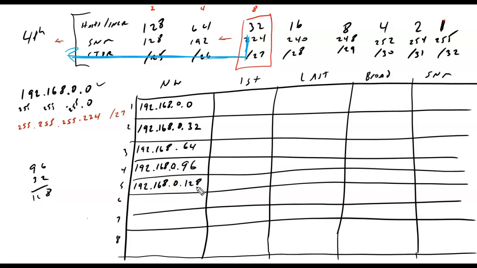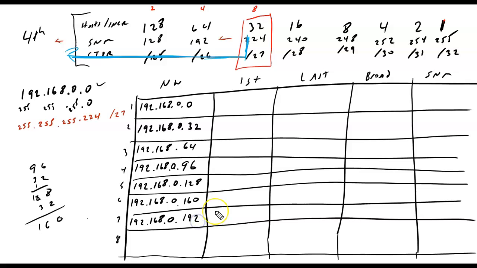The next one then would be 192.168.0. What's 128 plus 32? That would be a 160.